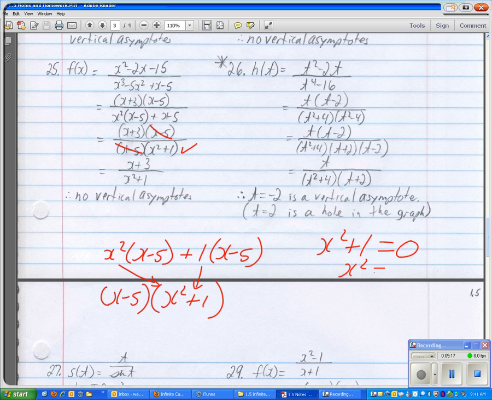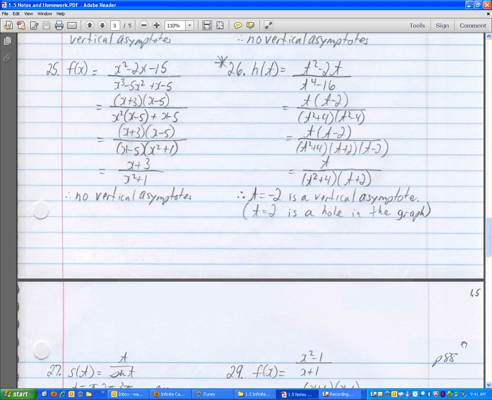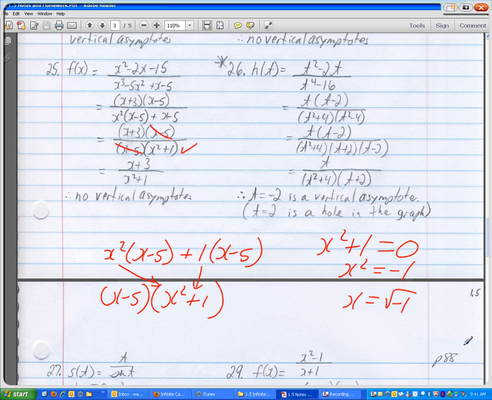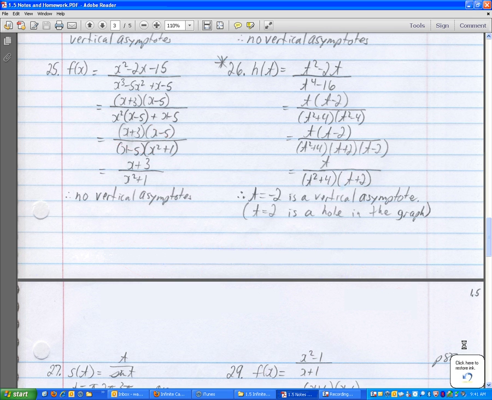We're working with real numbers, so when we try to take the square root of a negative 1, it does not exist for us. So, no vertical asymptotes, because there was only one discontinuity. It was at x equals 5, and we removed it when we divided it out.